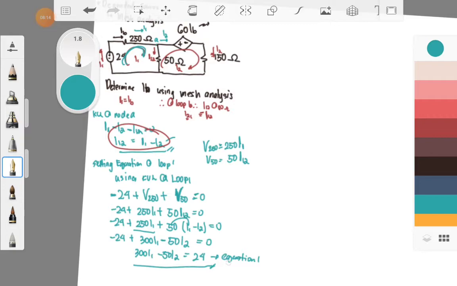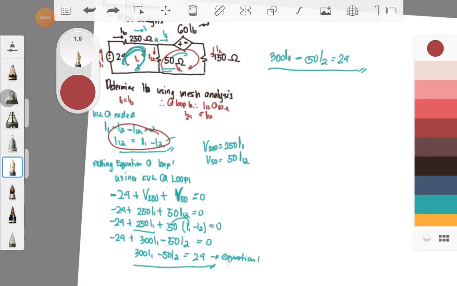So 250 plus 50 multiplied by I1 is your 300 I1, minus the resistor connected to the other mesh, multiplied by the current of the other mesh where it is connected, so minus 50 I2. Using our KVL as a guide, the negative 24 becomes positive 24. That is how easy it is to set up a mesh analysis equation. You add all the resistors connected in the mesh, minus the resistors with the current of that particular mesh that are connected to the other mesh.